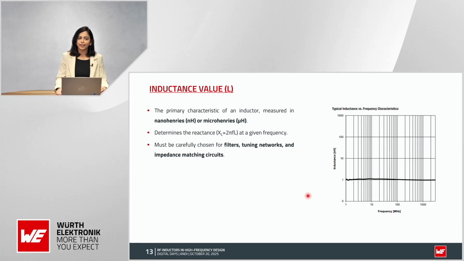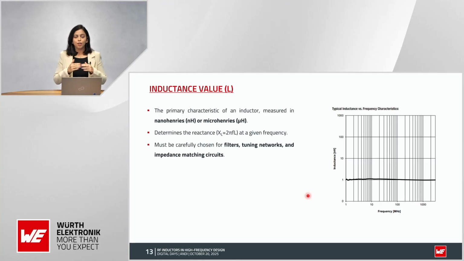First comes the inductance. Inductance is the primary characteristic we look for, just like resistance in a resistor. Now, this value of inductance does not act like a simple resistance. Its opposition to current, called reactance, is directly influenced by the frequency. This reactance is directly proportional to frequency.